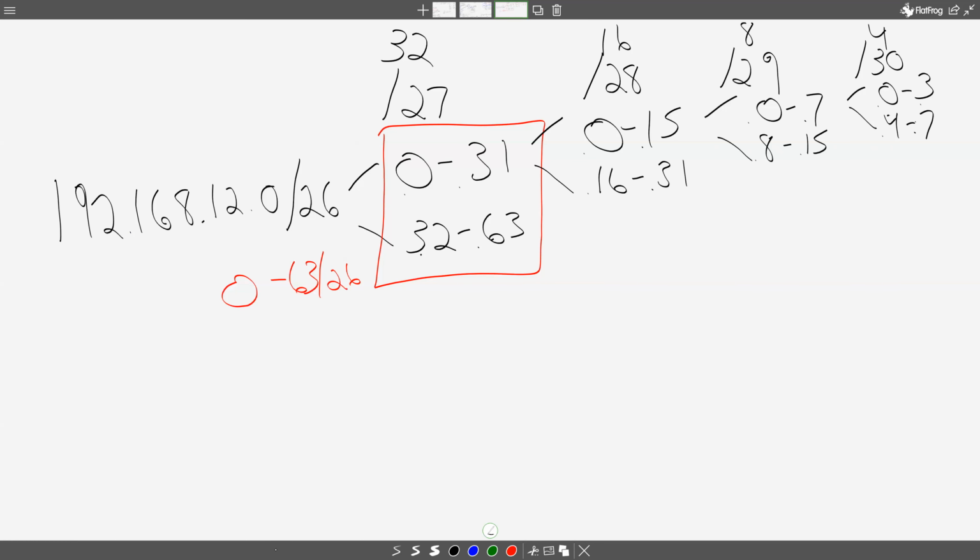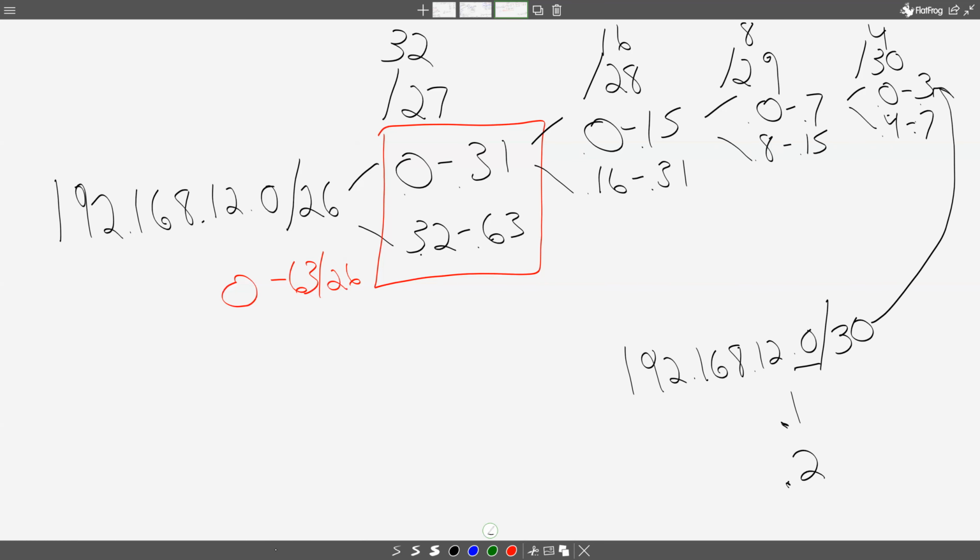And now we've got a network. So if I do network 192.168.12.0/30, that is this network right here. The first usable address is .1, the last usable address is .2, because 0 is the subnet ID and 3 is your broadcast ID.